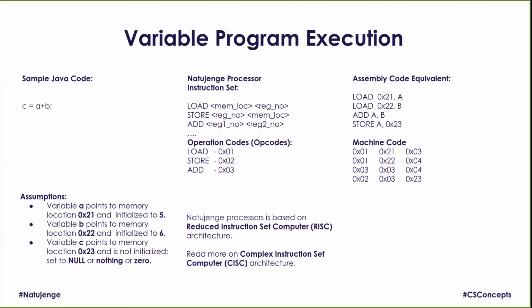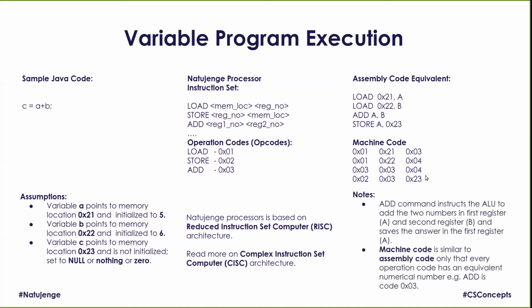The first instruction is load 01 from 21 into register 3. And then we load 01 again, from location 22 into register 4. And then we do add the two numbers. And then finally we do store the number from register A into the location 23.